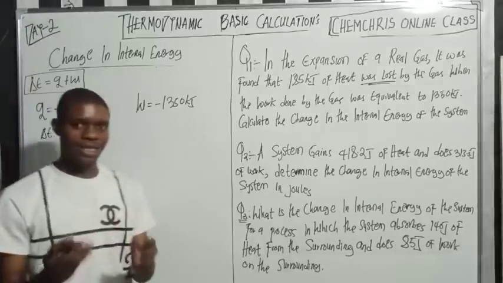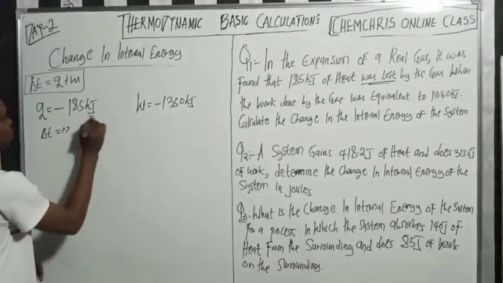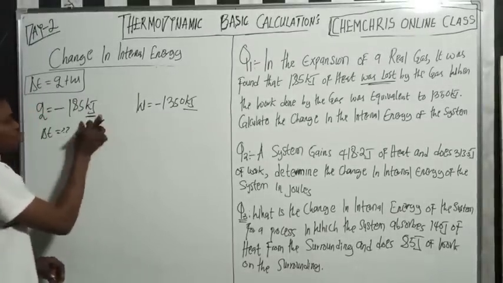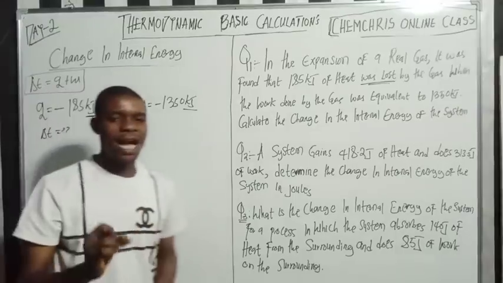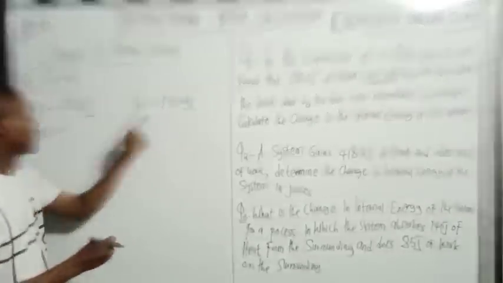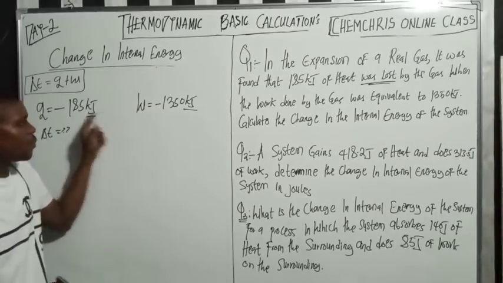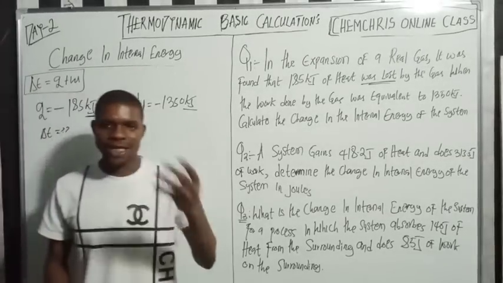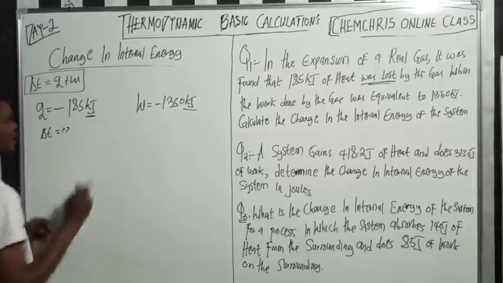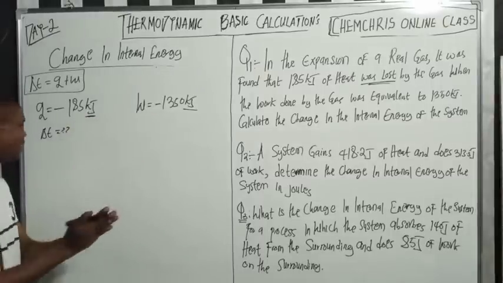One thing I want you to understand here is that the units must be uniform. If here is joules, here must be joules. If here is kilojoules, here must be kilojoules. It is commonly found in the exam that they will give it in different units. Here can be kilojoules, here can be joules. It is your duty to convert to joules or kilojoules, but it must be the same. Since it's already the same, we can do it like that.